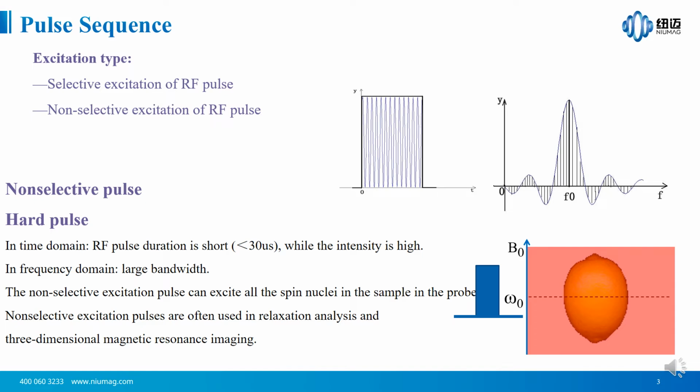It excites all the spin nuclei in the sample within the probe. It excites the whole sample, and we get the signal from the whole sample. Such non-selective excitation pulses are commonly used in relaxation analysis and three-dimensional magnetic resonance imaging.